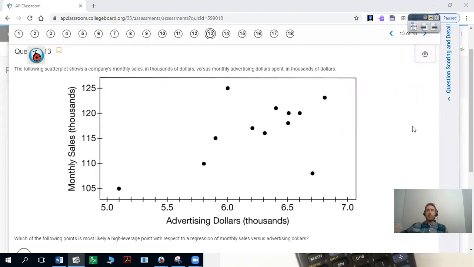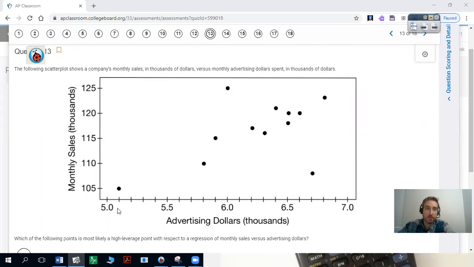All right, I had to reread that because when I'm looking at these points here, it's asking for one of these points to be a high leverage point, and I'm not seeing any of these points as being high leverage because they're all kind of close together. But a high leverage doesn't necessarily have to have a high X value. It just has to be far away from the other points, but strengthening that correlation.